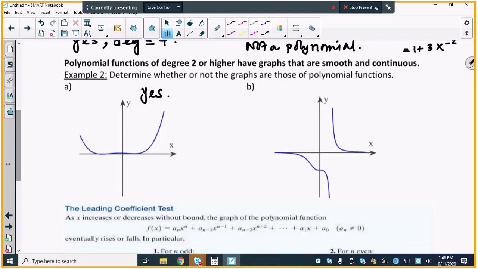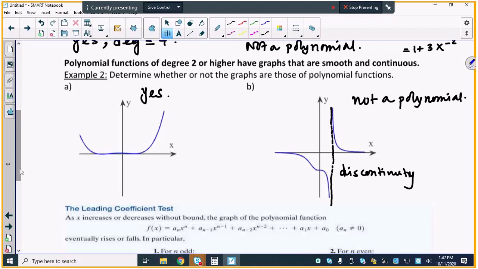Let's say the second one: you have the smoothness maintained, and all the turning points are smooth. But there is a discontinuity in the graph at this x value. Because of the existence of this discontinuity, we will say that this is no longer a polynomial function. So this is not a polynomial.